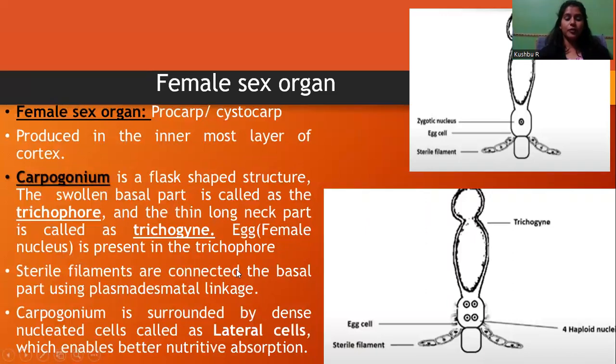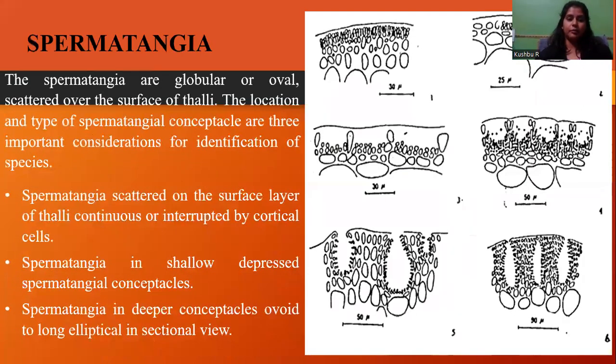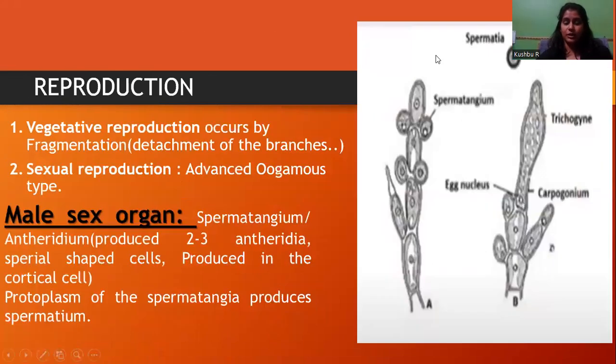So instead of getting into the details of the fertilization process, just now let's understand what are the organs present. The male reproductive structure is called the spermatangium, which produces 2 to 3 spermatia or your antheridia. The female gametophyte is called a cystocarp or your carposporangium, which has two important regions. The first one is your trichogyne and the trichophore.